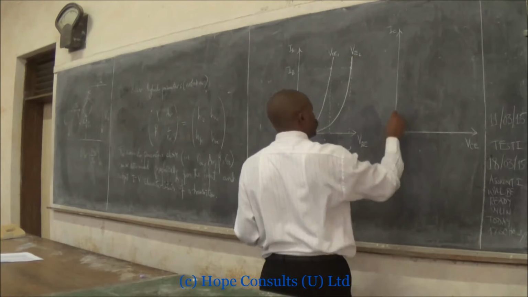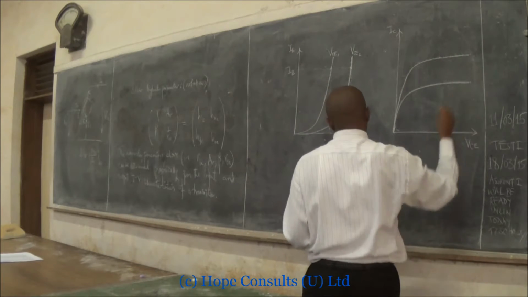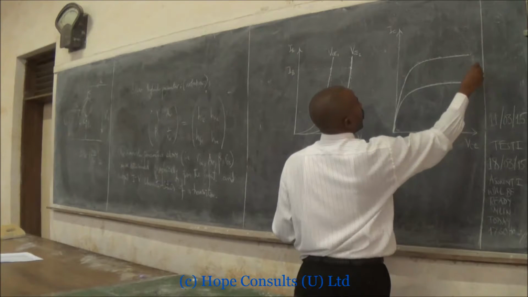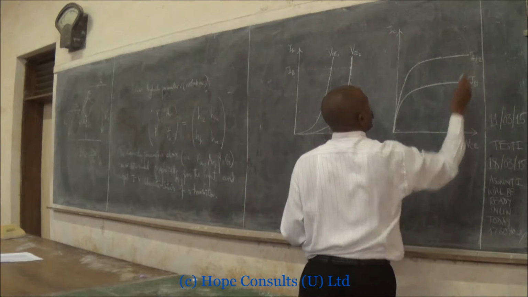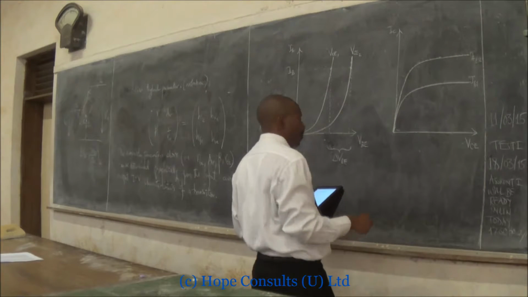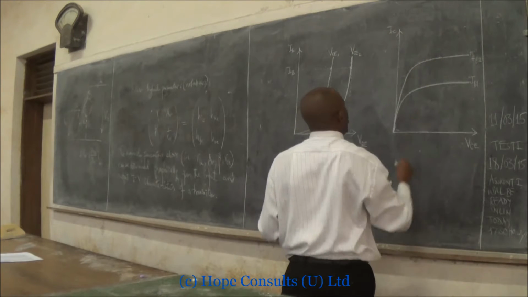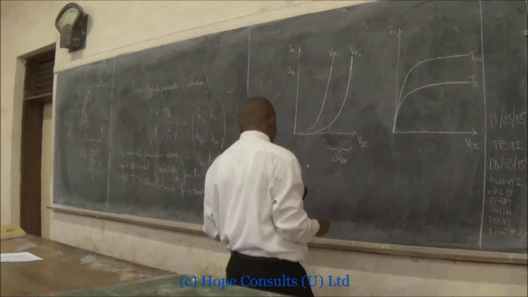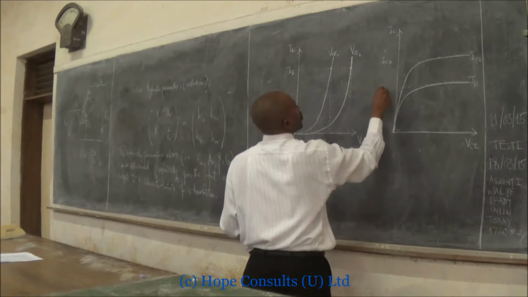So I have two of them, so that I can get the change in the IB. So I have IB1, IB2, and this is our VCE. And this is a value for IC. So I have IC2, this is IC1.